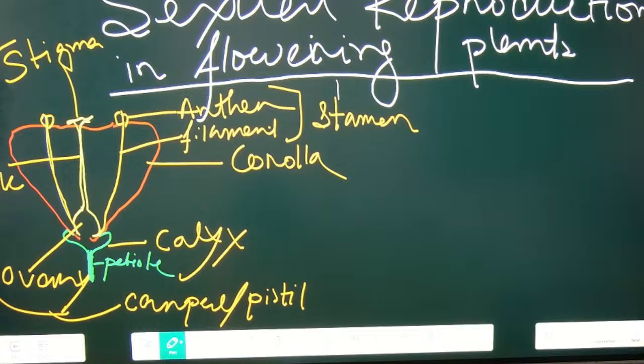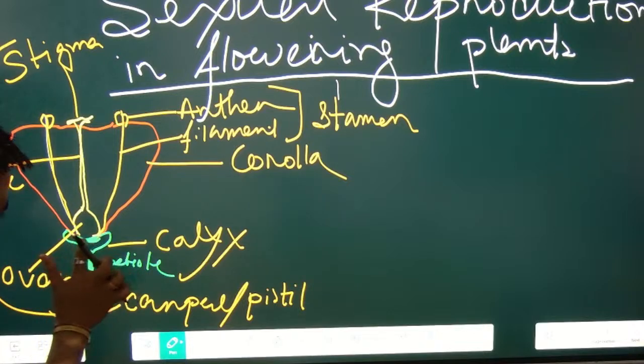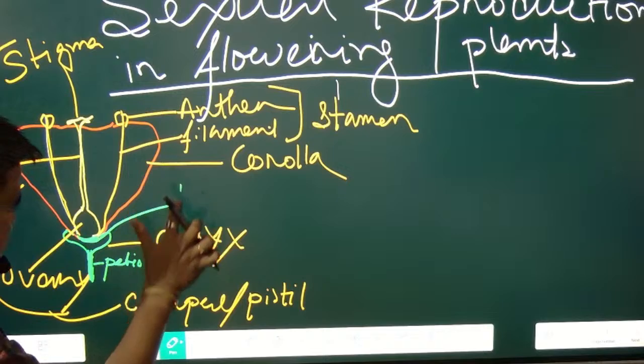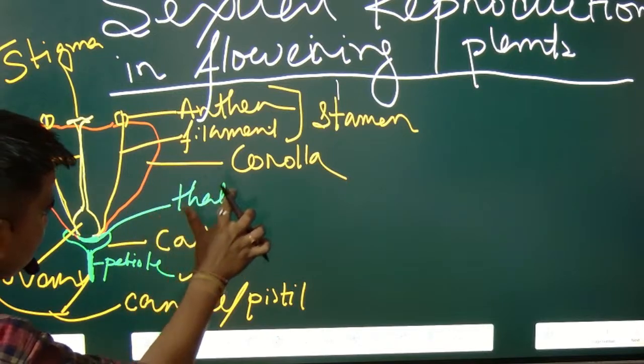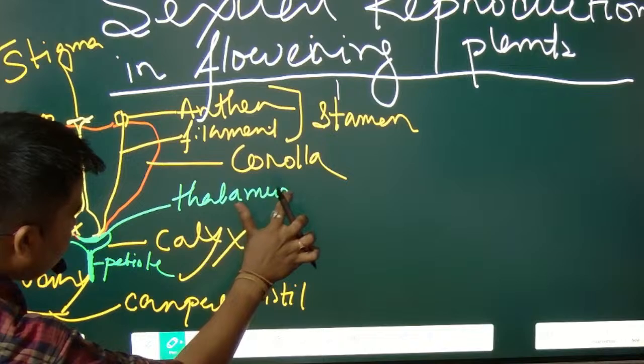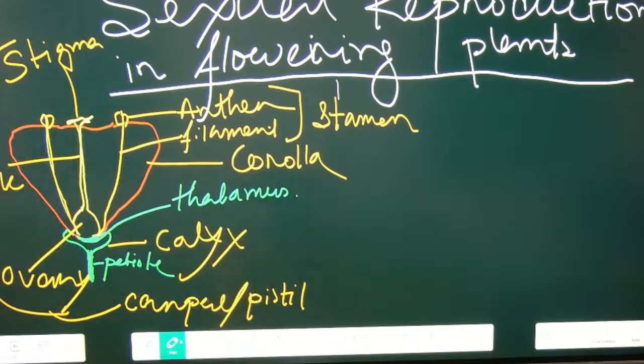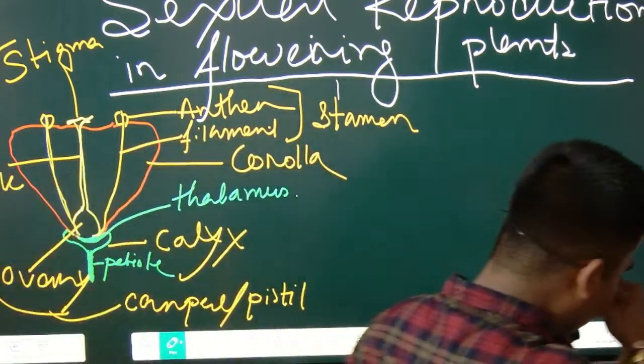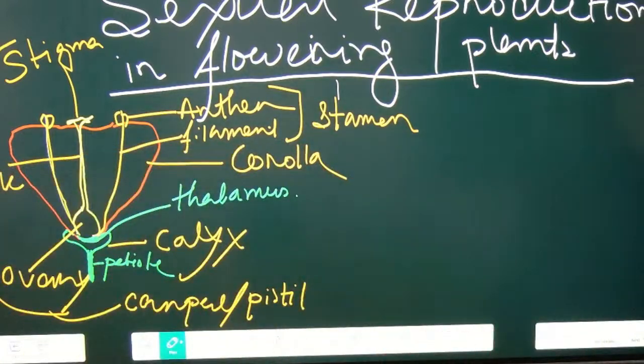And the base of the flower is called thalamus. The base is called thalamus. So this is the anatomy of a flower, you can say. You should have a clear idea of the anatomy, what the different positions are that the flower has.